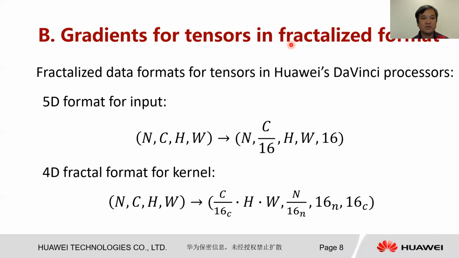For the kernel input, it is required to be in the 4D fractal format. It means that we tile both channels N and C by a factor of 16 and rearrange and regroup the dimensions, as you can see here.